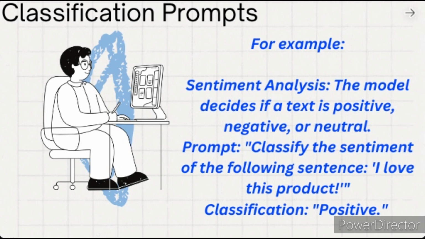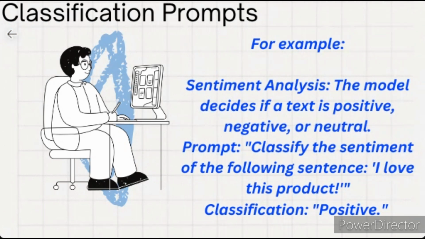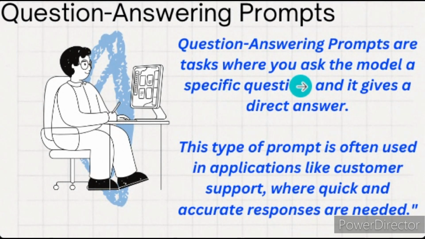Next is topic classification. This means that the model will assign a topic label like sports or technology to the text. Lastly is question answering prompts. Question answering prompts are tasks where you ask the model a specific question and it gives a direct answer.